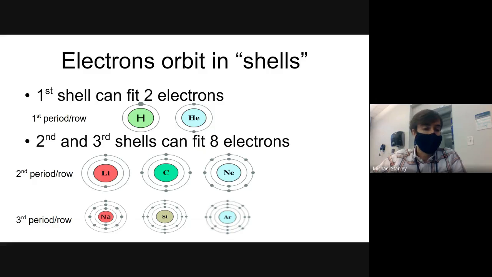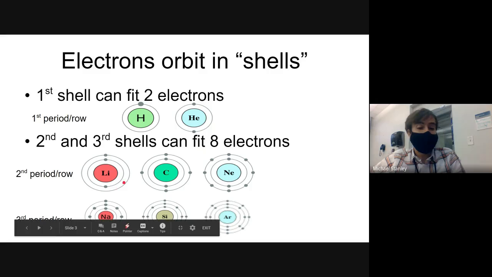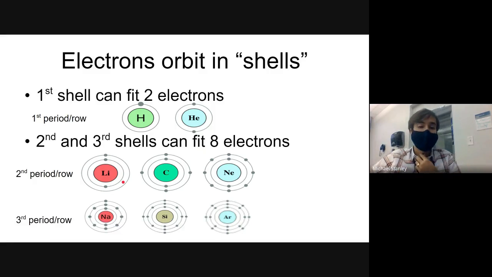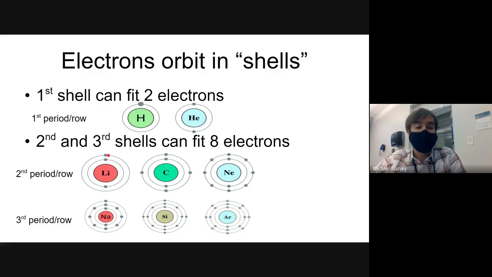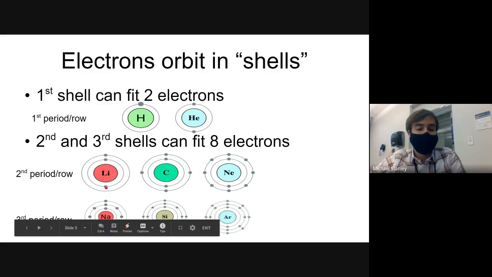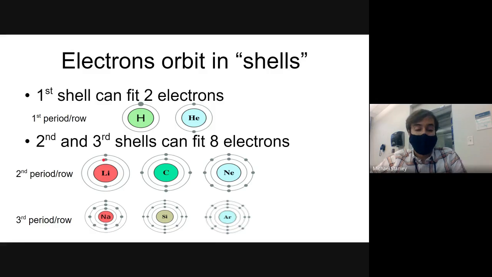That guy goes on the second shell. We fill up these electron shells from smallest to biggest. We start adding electrons to the first shell, and if that gets full, we move out and start filling up the second shell. So in the case of lithium, we put down the first 2 electrons on the first shell, but then that one's full, and so we have to put the third electron on the second shell.